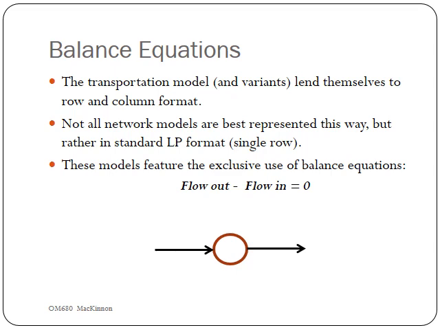But not all network models are best represented this way, but rather in the single row format that we started with. These models feature the use of balance equations pretty exclusively, especially with the flow of money, for example. And a balance equation simply means the flow out minus the flow in equals zero. So that's pretty straightforward.